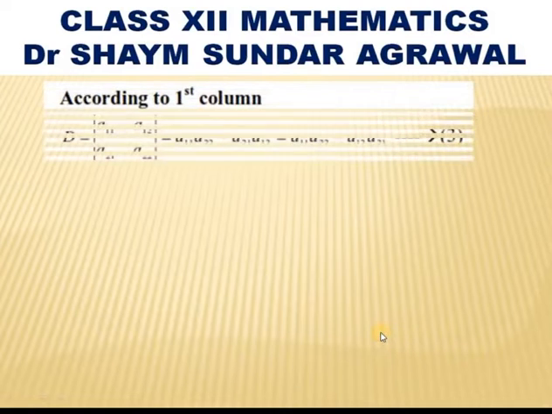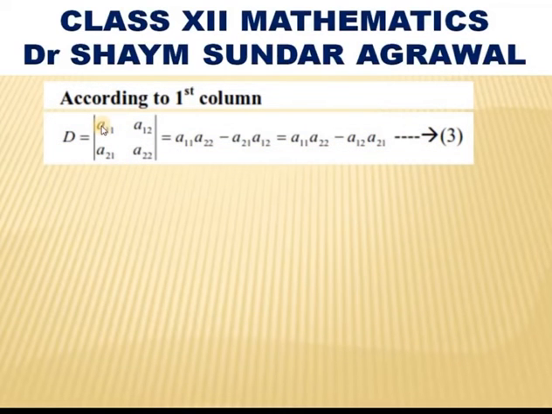Similarly, according to the first column, A11 into A22 minus A21 into A12. Here plus sign for A11, because minus 1 to the power 1 plus 1 is minus 1 to the power 2 is 1, and here minus sign for A21.